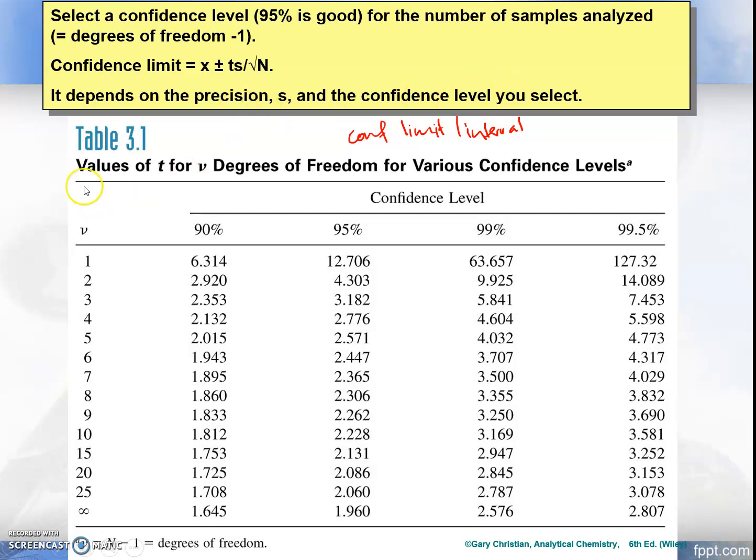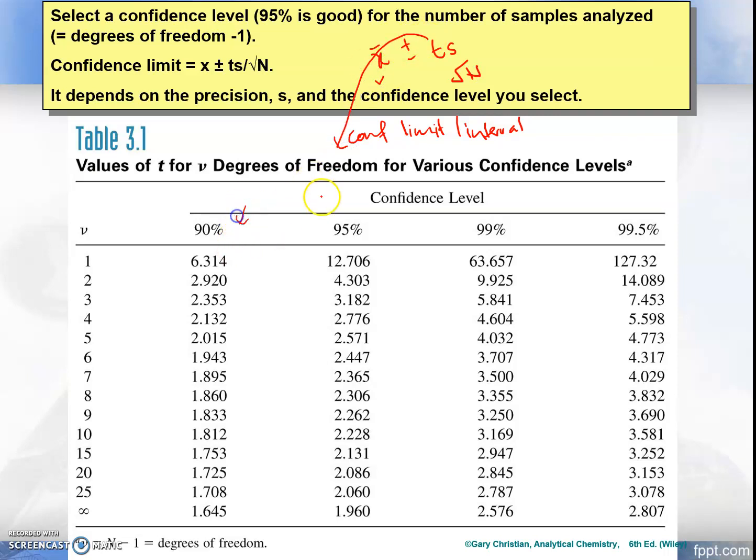Okay, so the title of the table: value of T for degree of freedom for various confidence levels. So confidence limit punya formula X bar, okay, min plus minus TS divided by square root N. So you kena cari mean, T value from table. So macam mana nak tengok table?